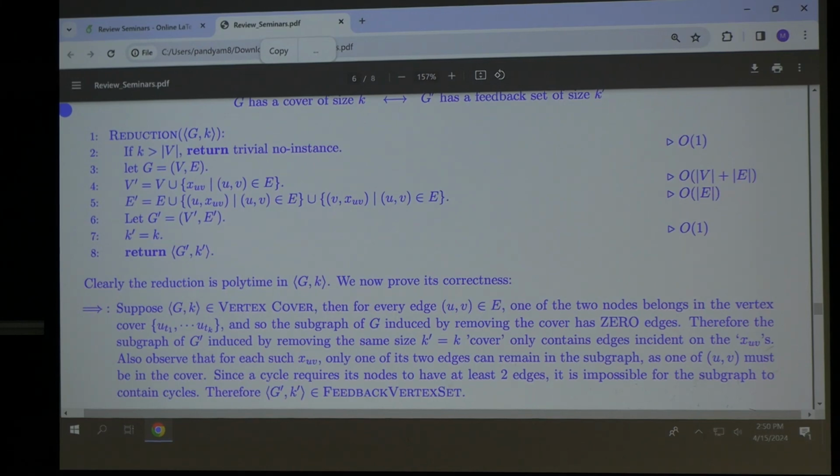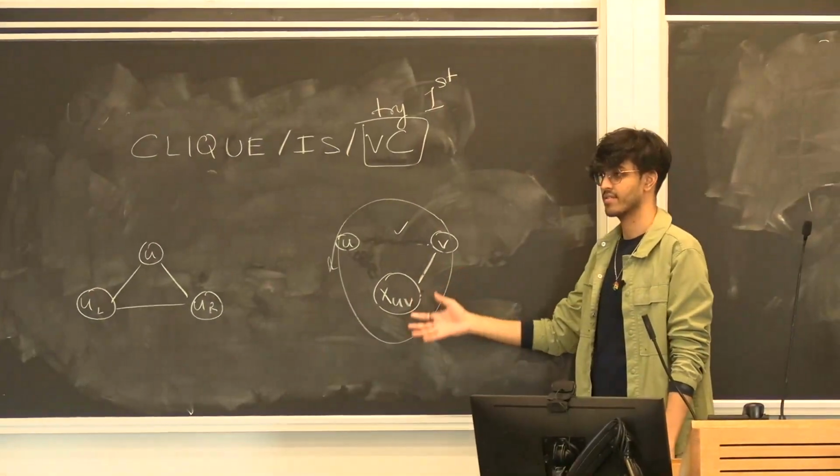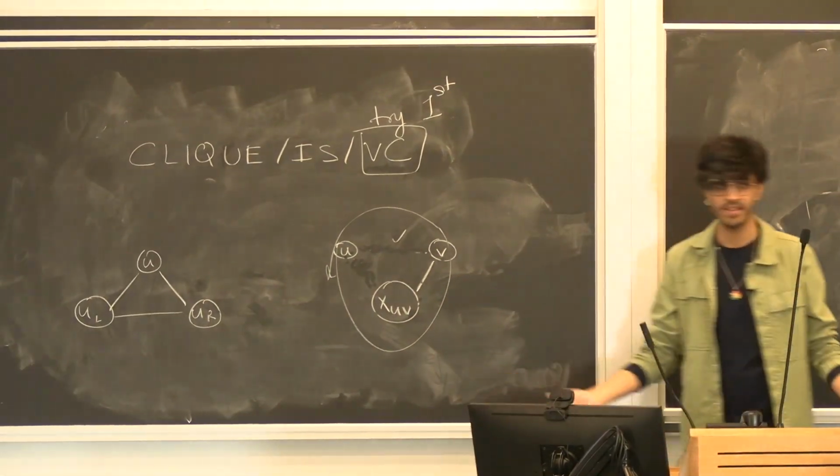So the corresponding subgraph of G prime, after removing that same cover, only contains edges incident on the XUV. It only contains either this or this. In fact, it can only contain one of the two, right? Since a cycle requires its node to have at least 2 edges, and XUV only has 1 edge, it's impossible to have a cycle. Make sense?